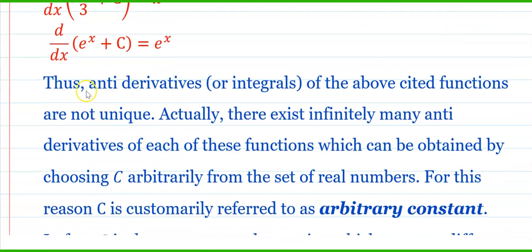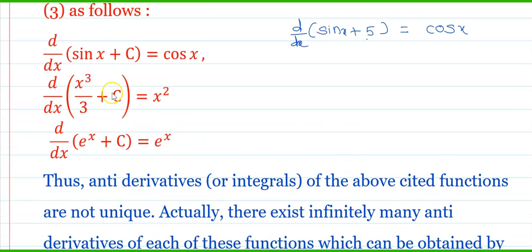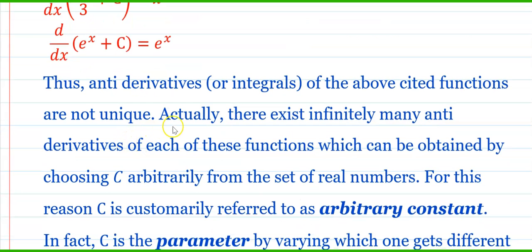Thus, antiderivatives or integrals of the above cited functions are not unique. Their integrals depend upon the value of this arbitrary constant. Therefore, there exist infinitely many antiderivatives of each of these functions, which can be obtained by choosing c arbitrarily from the set of real numbers.